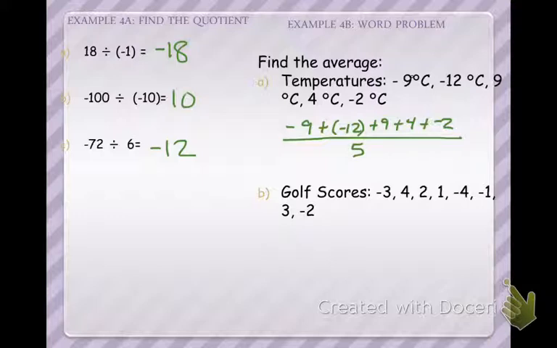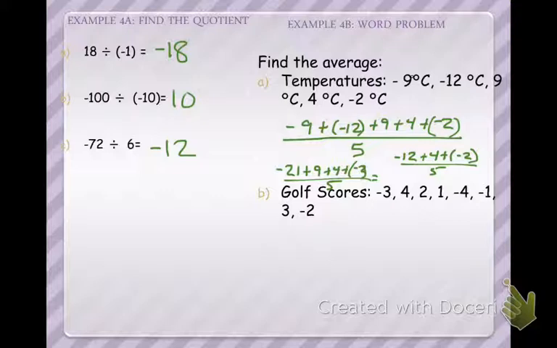And we're going to do the math. Negative 9 plus negative 12 is negative 21, plus 9 plus 4 plus negative 2, over 5. So negative 21 plus 9 is negative 12, plus 4 plus negative 2, over 5.